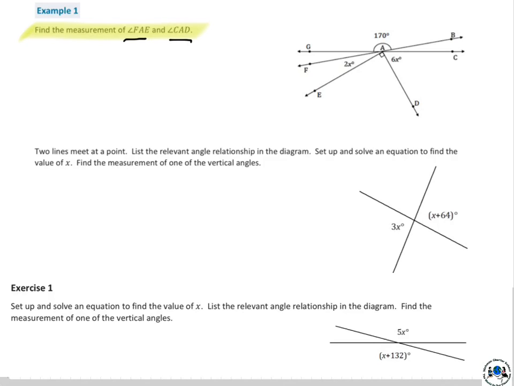What I did notice is that these two angles here are vertical. What that tells me about those two angles is that they are equal. So if they are equal, that has to tell me that these two are also equal right there.